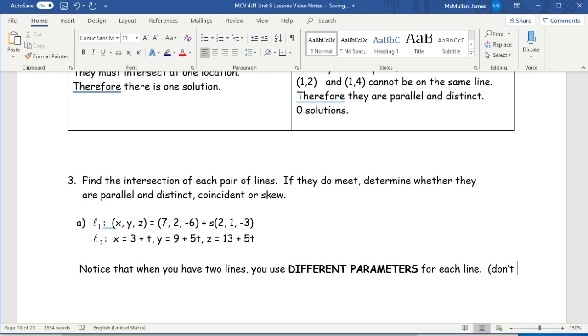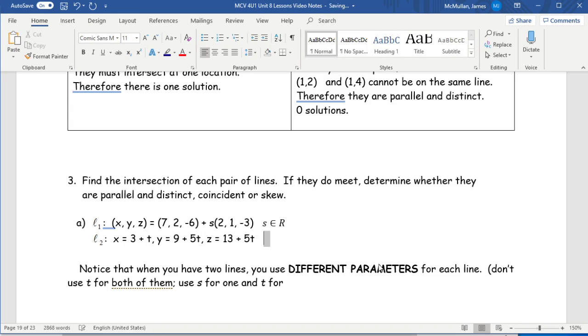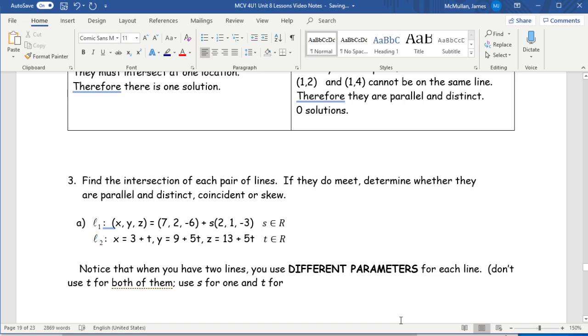So don't use t for both of them. Use s for one and t for the other. Do you notice one of them has an s, right? Really, we should say after this s in real numbers, and under here we should say t in real numbers. And you can't use the same parameter, so make sure you use a different parameter for each line.